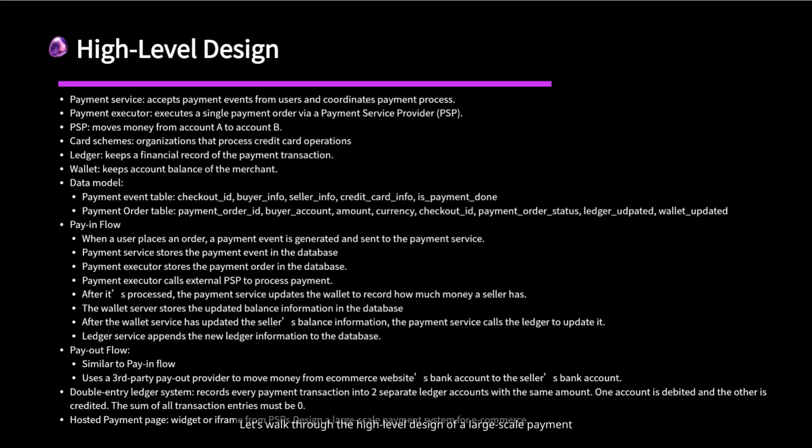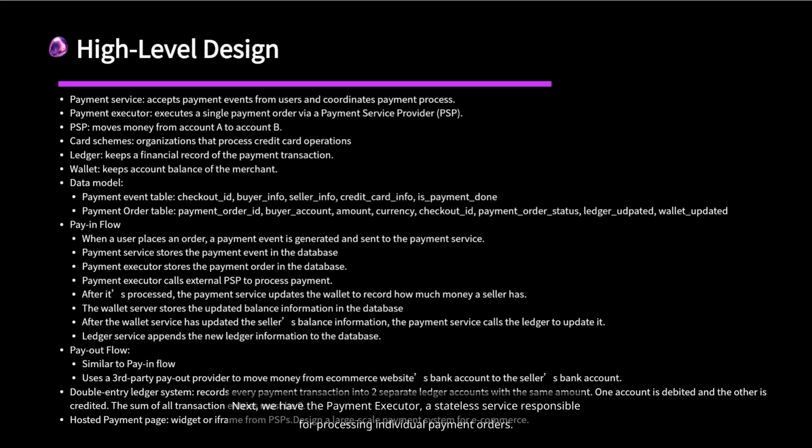Let's walk through the high-level design of a large-scale payment system that supports secure and reliable money movement across buyers, merchants, and financial institutions. At the heart of the system is the payment service, which acts as the orchestrator. It accepts payment events initiated by users, for instance, when a buyer places an order, and coordinates the entire life cycle of the transaction.